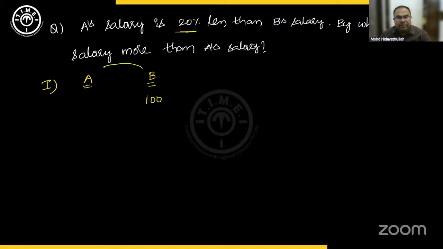A is 20% less than B: 100 minus 20, 80. By what percentage is B's salary more than A's salary? Percentage more. Difference 20. Opposite of more is lesser value. What is the lesser value? 80, into 100. 1 by 4, 25%.